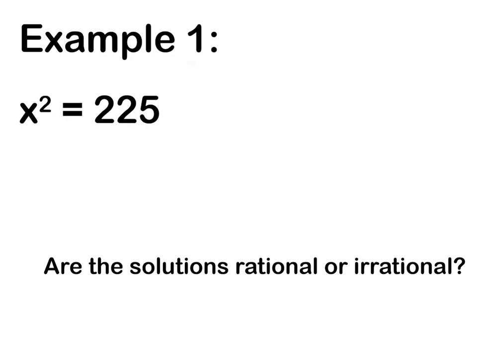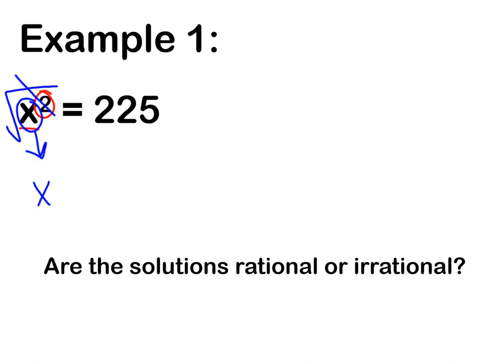Here we go. Example 1. What I notice is that it has a square next to my x. In order to get rid of squaring, I need to do the inverse, which is square rooting. A square root and a square are going to cancel, and what drops down was what was underneath the radical.